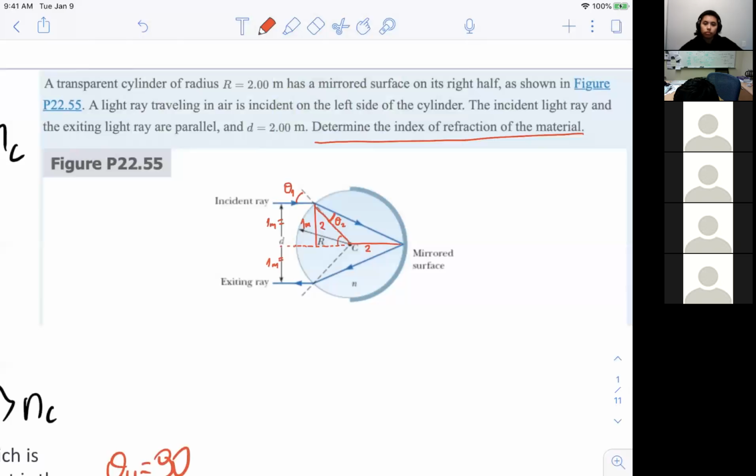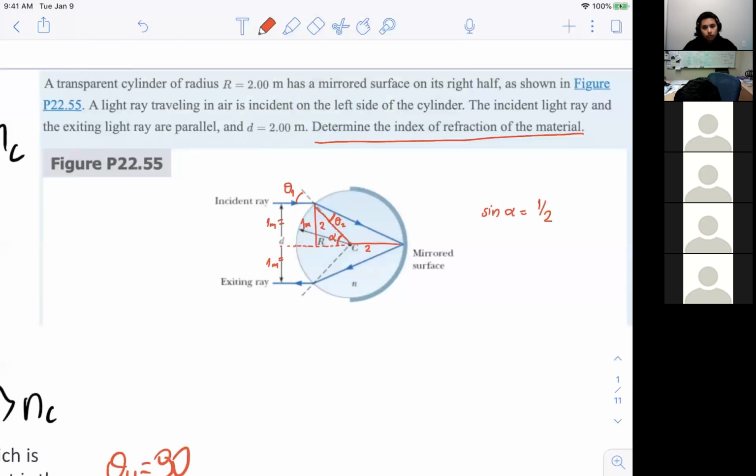Then I can find this angle. The sine of that angle, I call it alpha, is going to be 1/2, right? The opposite divided by the hypotenuse. So sine alpha equals 1/2.